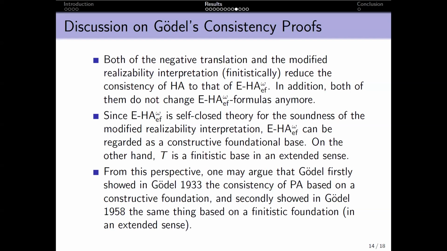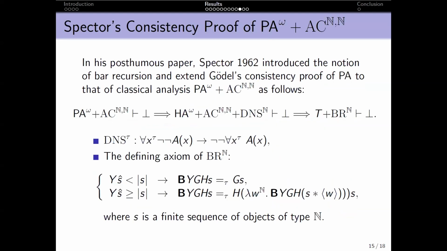So from this perspective, one may argue that Gödel firstly showed in his 1933 paper the consistency of PA based on constructive foundation, and secondly showed in his 1958 paper the same thing based on the finitistic foundation in an extended sense. So at the end of my talk, let me talk about some extensions of this investigation.